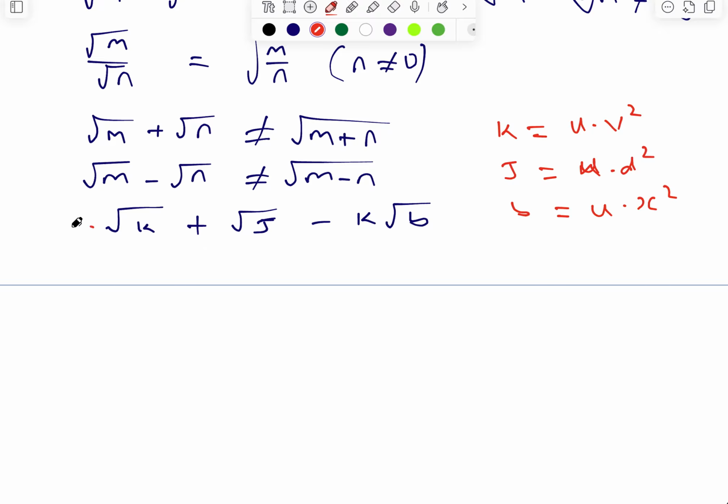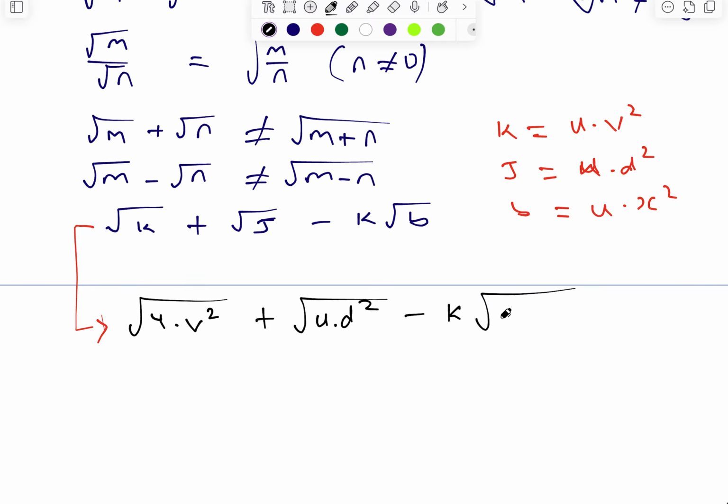So that implies that this entire thing, I can then rewrite it here and say this is going to be square root of, so instead of k, I'm going to have u multiplied by v squared plus square root of j will be u multiplied by d squared minus k, square root of b will be what? U multiplied by x squared.